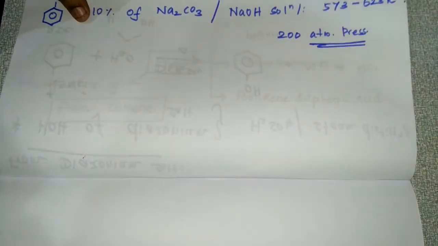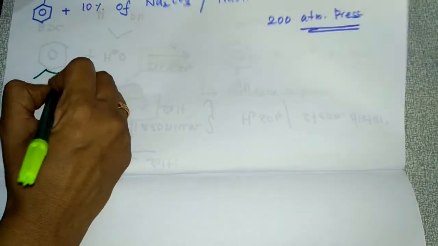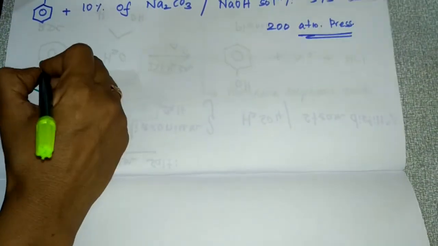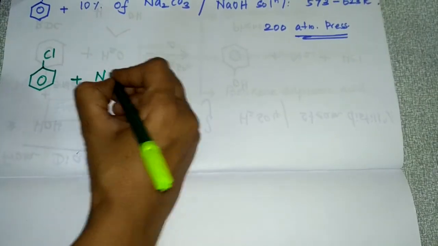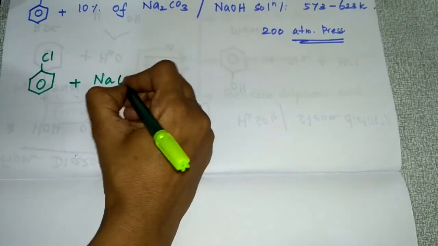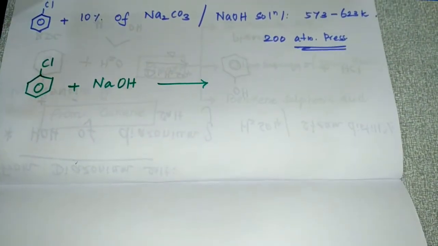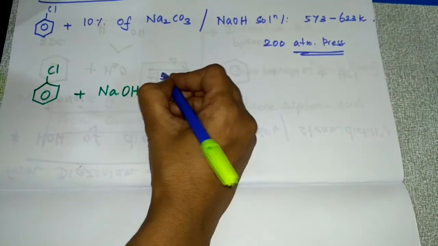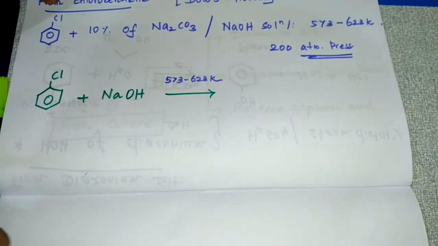We'll write the reaction for this. You take chlorobenzene and heat it with sodium hydroxide solution at 573 to 623 Kelvin.